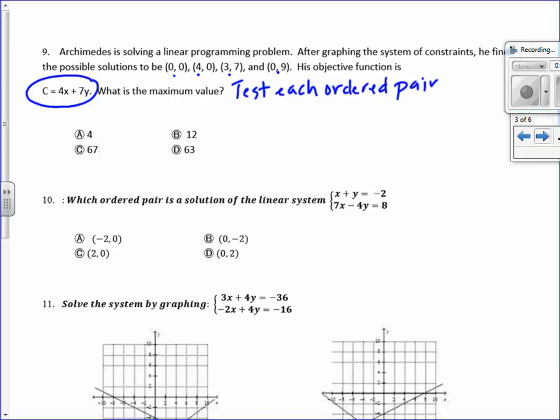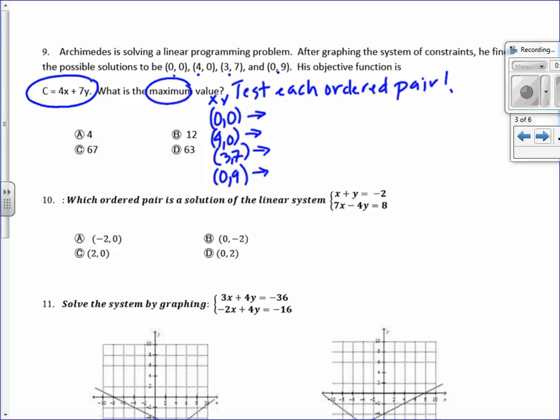So all we're doing is just taking these ordered pairs and plugging them in. So I'm going to use 0, 0. I'm going to use 4, 0. I'm going to use 3, 7, and 0, 9. We're going to plug them in. The first value is x, the second value is y. So we're going to plug them into 4x plus 7y, do the math, and see which one is biggest because we're looking for the maximum value.